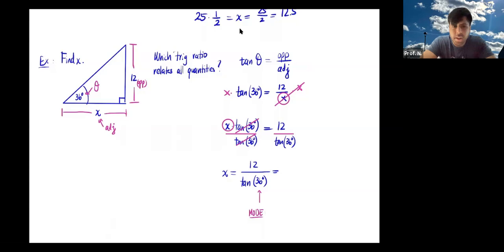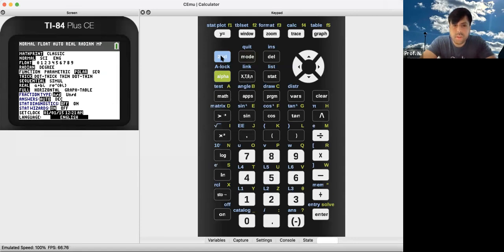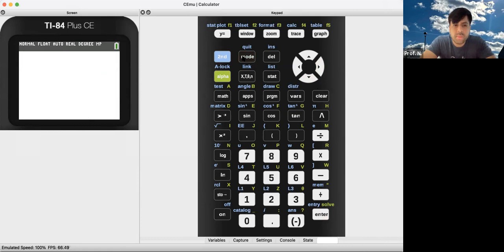Okay, so let me share with you the calculator, the emulator that I have. So if I want to calculate, for example, tangent of 36, right? I'm going to go to mode, and I'm going to go to where it says radian, and I'm going to switch it from radian to degree, because now my angles are in degrees. Then I do second quit. Then I want to find what x equals, right?